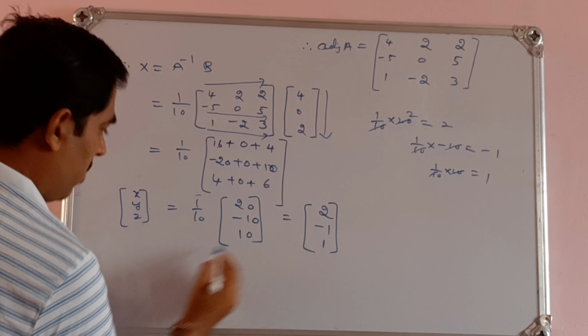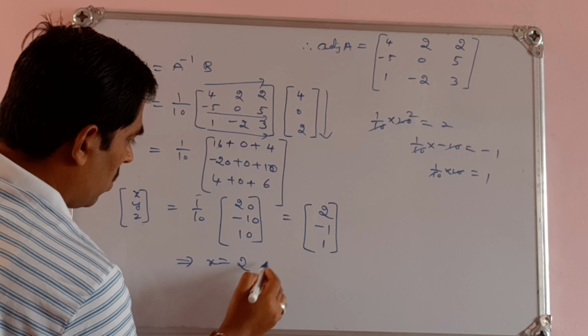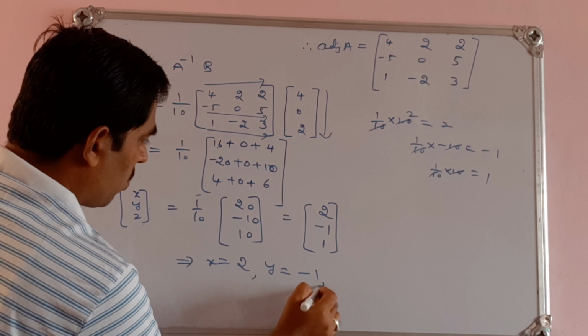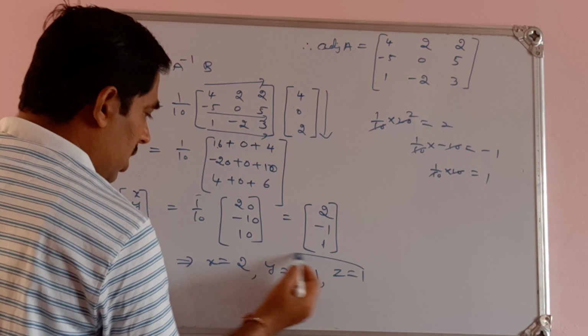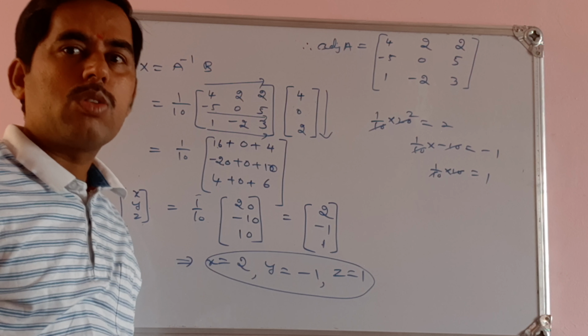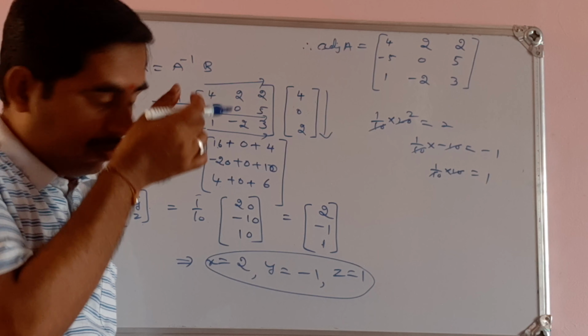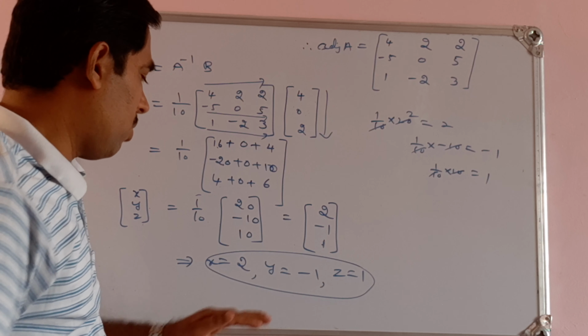So equality of matrices implies the value of x is 2, the value of y is minus 1, the value of z is plus 1. These are the values of the unknowns. Our solution ends here.